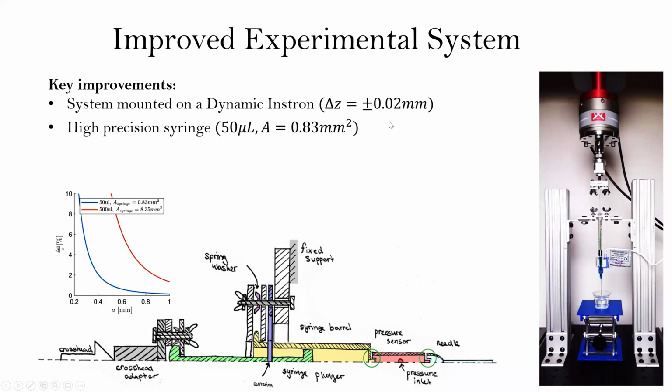And the other thing we realized was, since the testing machine has a fixed precision in terms of its vertical displacement, if we reduce the size of the cross section of the needle, that allows for more precise volume control, because the volume we inject into the solid is basically the area times the displacement of the plunger.